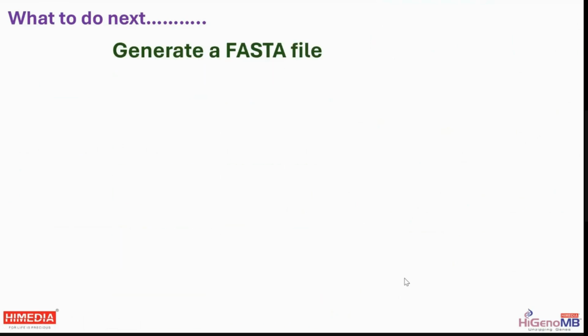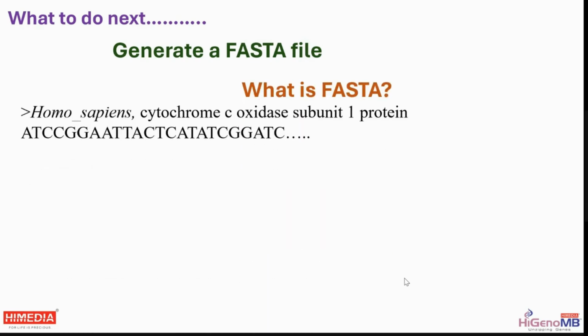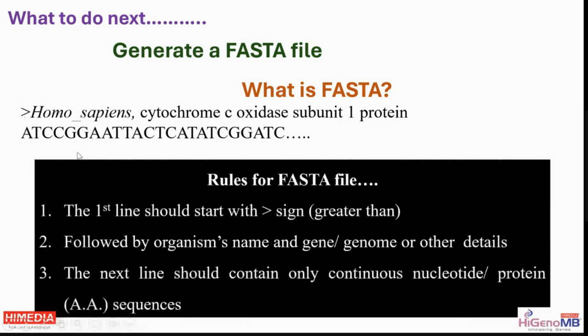So what to do next? Once you have the file generated by the system, you need to convert that file format into the FASTA file format. Do you know what a FASTA file is? Okay, let me tell you. The FASTA file will always have two different lines. There are certain rules: the first line should start with the greater than sign, followed by the name of an organism, the name of a gene and its location in a genome, and similar information like from where it was collected.